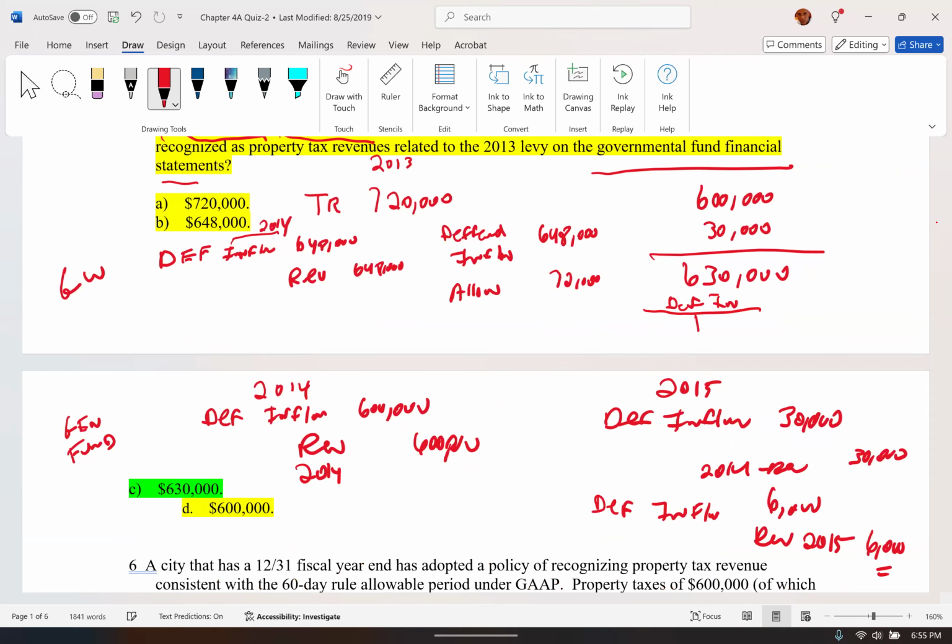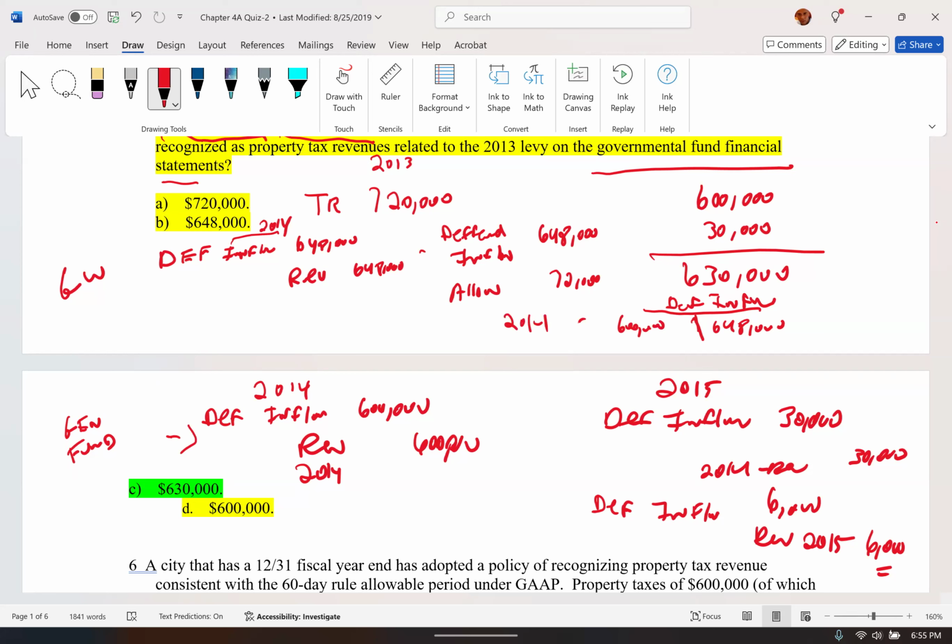as a T account. Initially, even though I was just doing it for government-wide up there, it was 648. And then if you count the debits, 600,000, that was 2014 revenue.